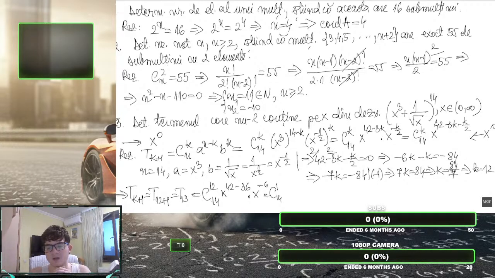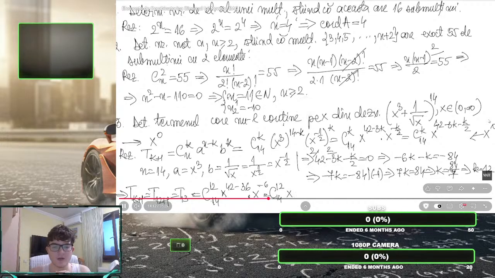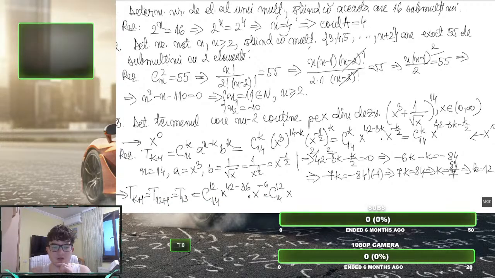So we're going to have exactly this with the k plugged in right here. So C14 12, and in terms of x, what power is it going to be? 14 minus 6, which is going to be 6, and 6 plus minus 6, so x power 0. Which is basically 1.